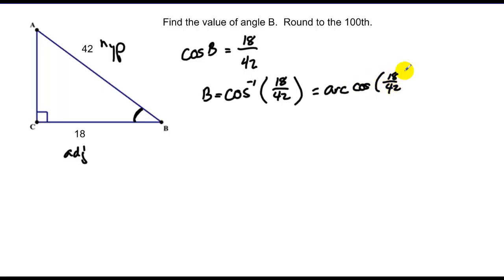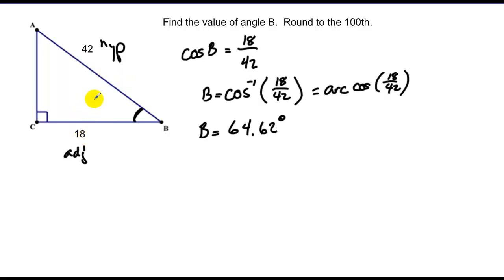And that's the button right above in blue on your calculator that says inverse cosine. We don't use the -1 button like an inverse for matrices, but there is an inverse cosine button right on your calculator. So you go ahead and press that, and you should end up with something around 64.62 degrees.